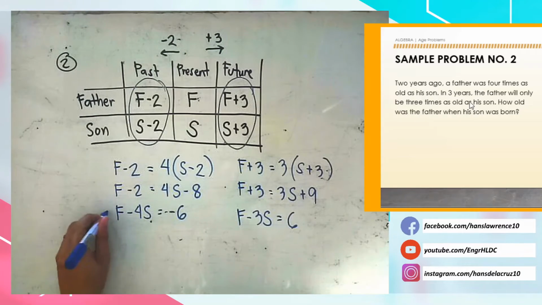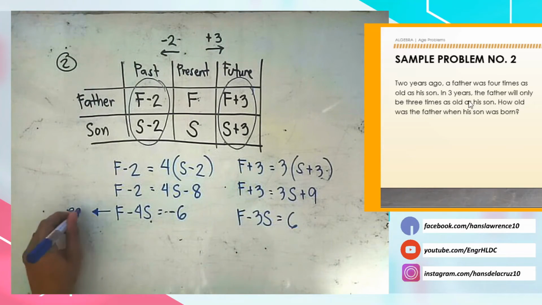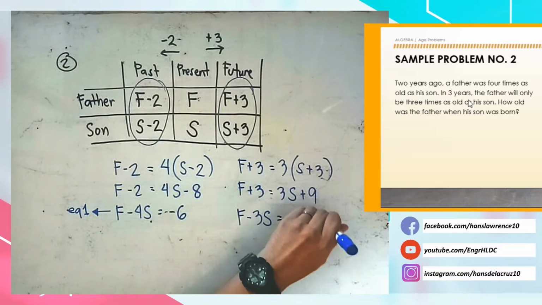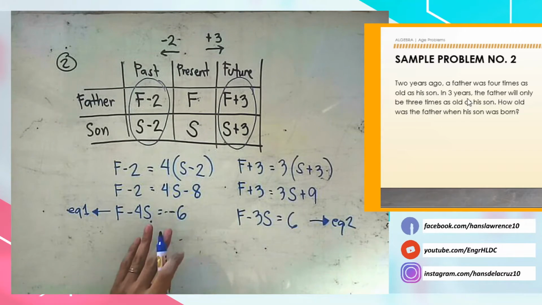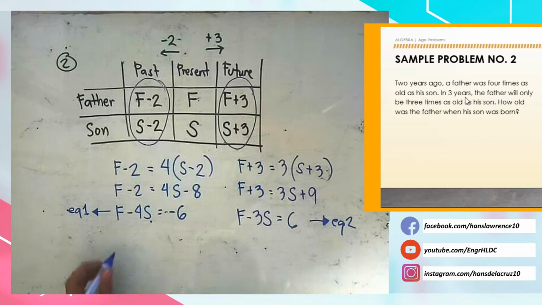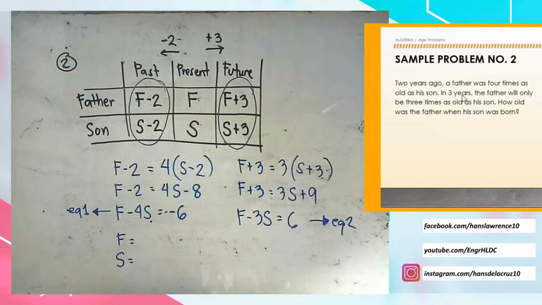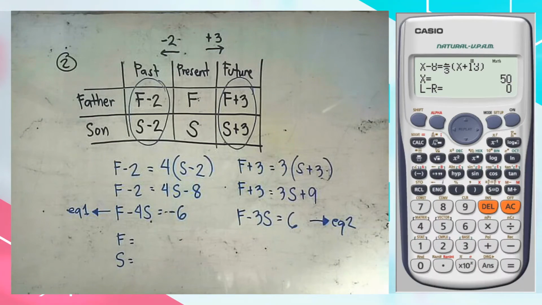Okay, so meron tayong equation 1. And then meron tayong equation 2. So, kaya nyo na yun, class, no? I-solve yung F and S. So, what is the value ng F and then what is the value ng S? So, ako, class, gagawin ko, gagamitin ko syempre yung calculator, no, yung mode 5 and mode 5 1.